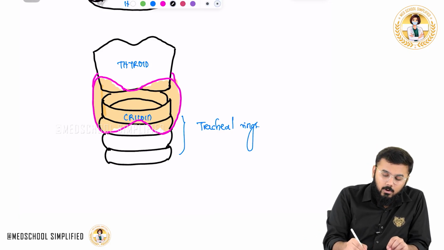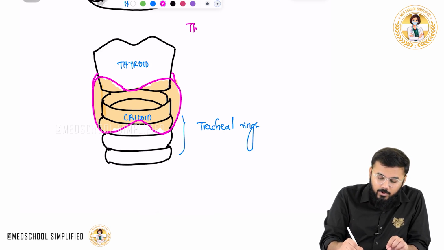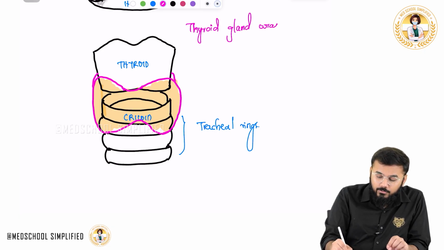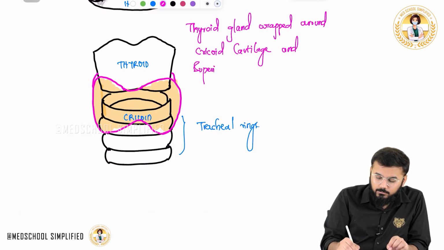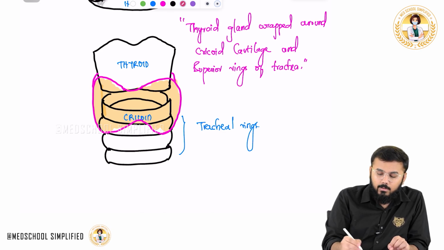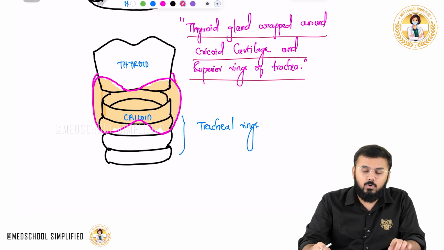To write it down: the thyroid gland is wrapped around the cricoid cartilage and the superior rings of trachea. So the thyroid gland is wrapped around the cricoid cartilage as well as the superior rings of trachea. This is what is called your thyroid gland.